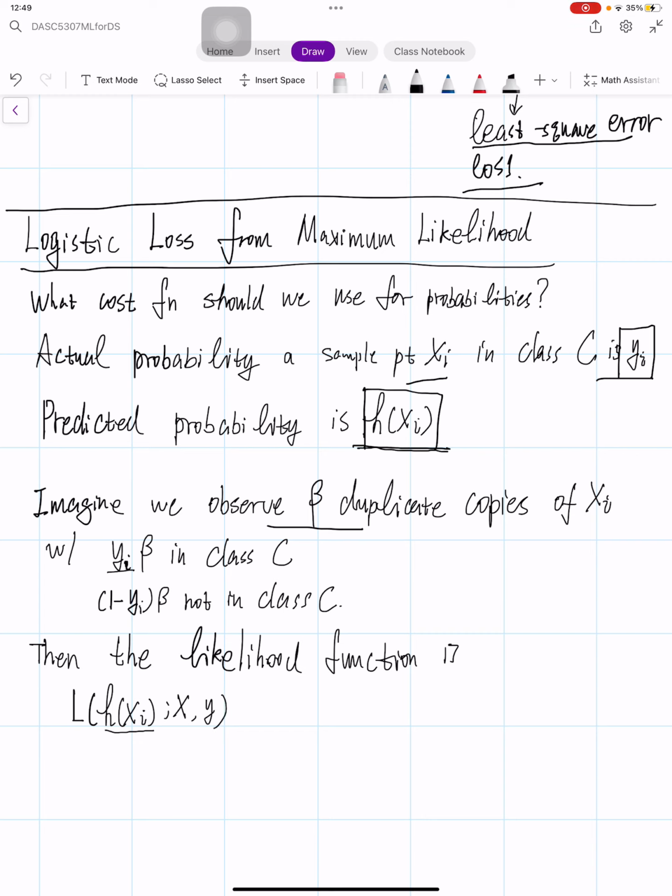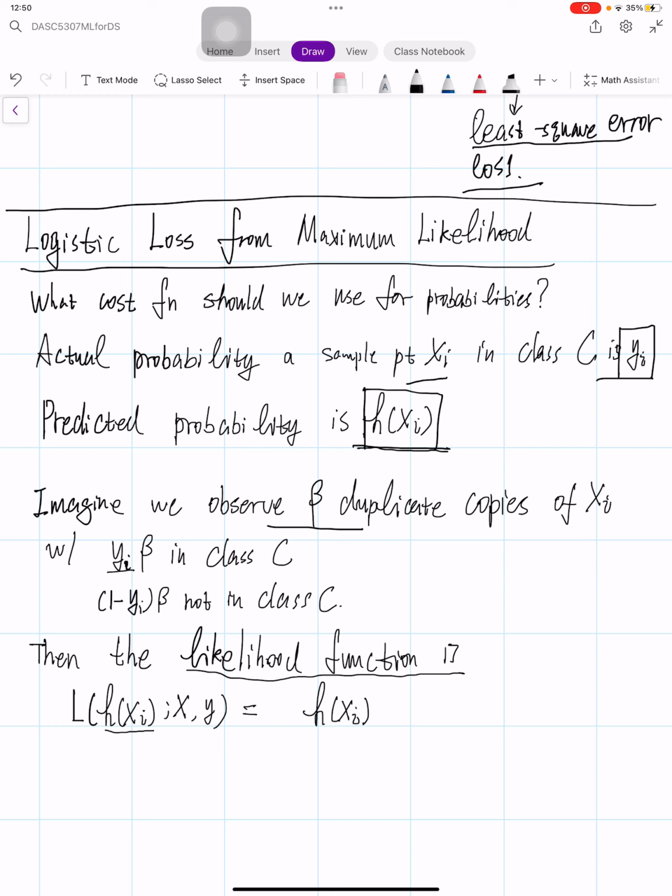So how do we construct the likelihood function?